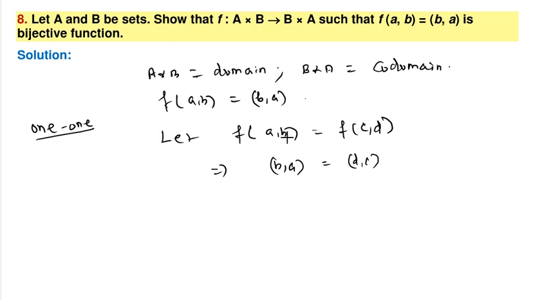Then f of (A, B) equals f of (C, D), so (B, A) equals (D, C). But we have to show that (A, B) and (C, D) are equal.